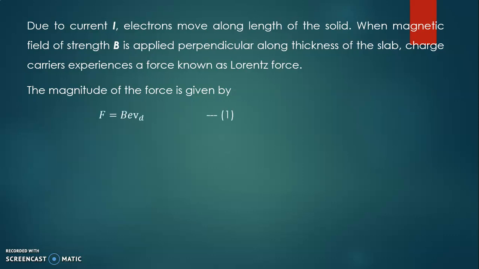Lorentz force F is equal to magnetic field into charge into drift velocity, so F is equal to B e V sub d. Sometimes instead of e we use q, but here, whether it is a conductor or semiconductor, electrons or holes both have the same charge, e equal to 1.6 into 10 raised to minus 19. So F is equal to B e V sub d. Let this be equation number 1.